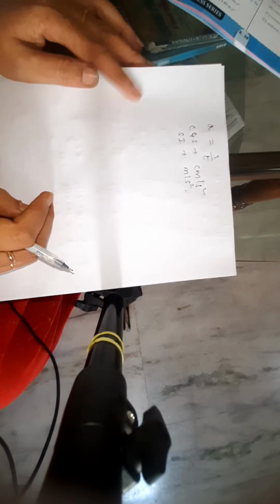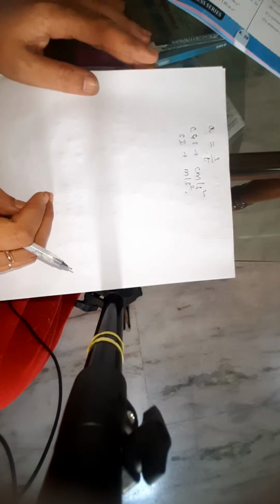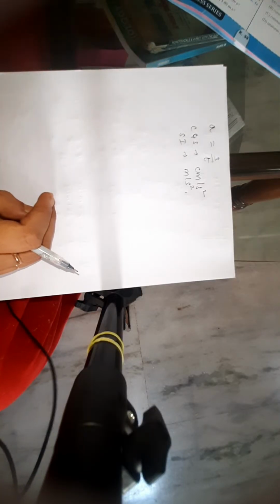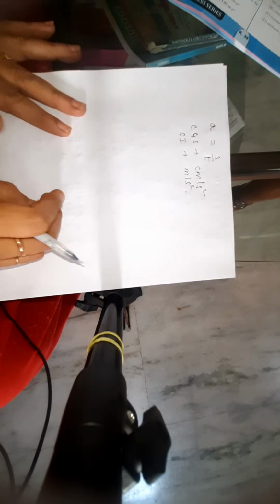Now the next question. A car increases its speed from 20 km per hour to 50 km per hour. Speed is increased from 20 to 50. As I told, the first one is u. So u is 20 km per hour and v is 50 km per hour in 10 seconds.